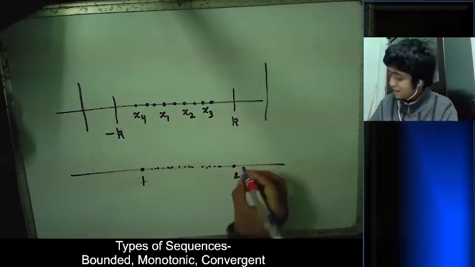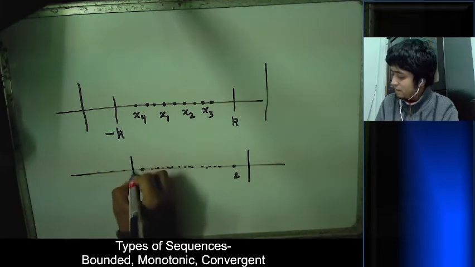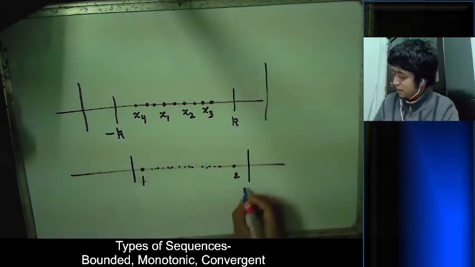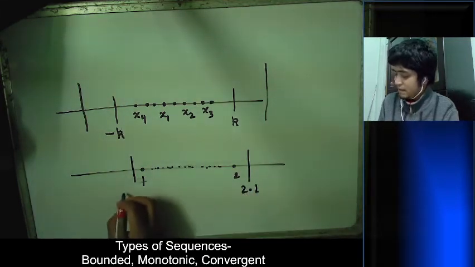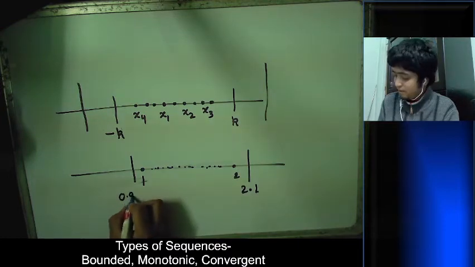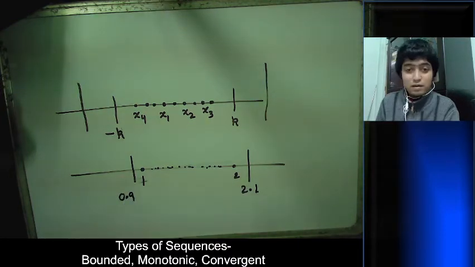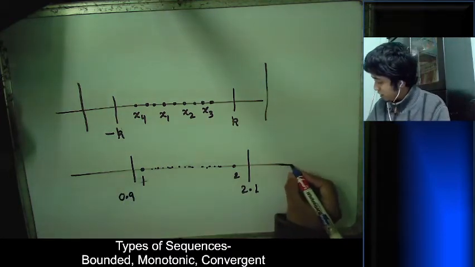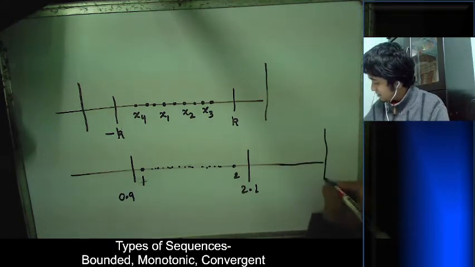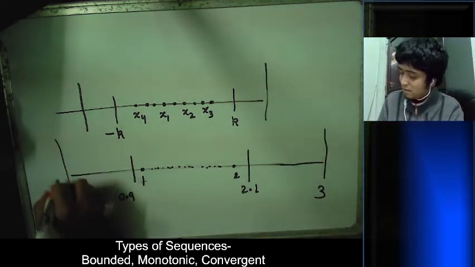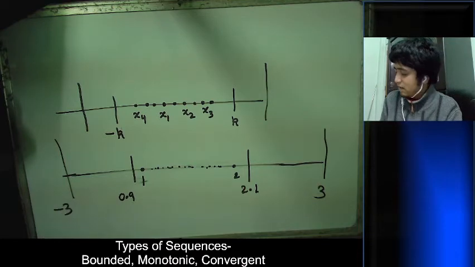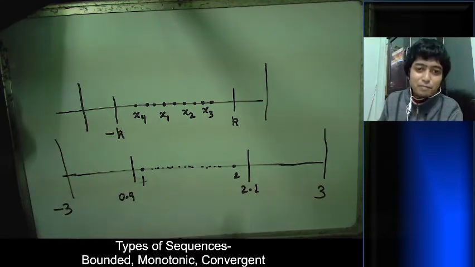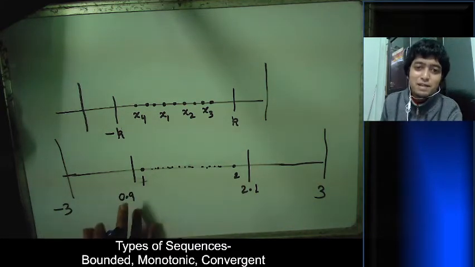Then you can easily construct a wall right here, maybe 2.1 and 0.9, or you can even construct a wall, say 3 and minus 3. It's not according to scale, but I hope you get the picture of what is happening.